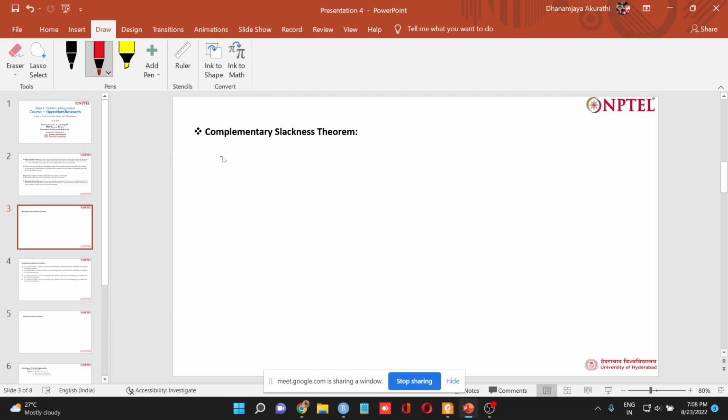If you have a primal problem with an objective function of the type maximum of f of x equals cx, where c is the cost coefficient and x is the decision variable, with x greater than or equal to 0, non-negative restrictions, and subject to the constraints Ax less than or equal to b, for the maximization type, where b is the RHS.